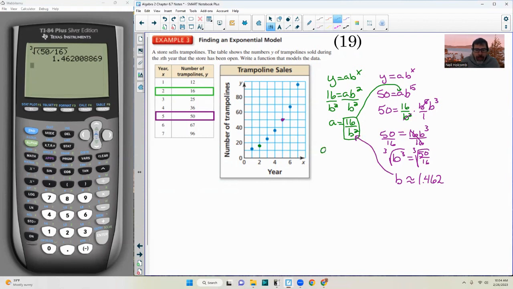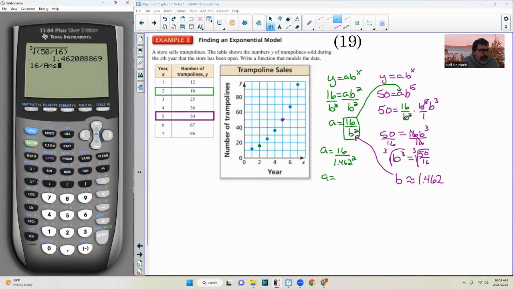So now a equals 16 divided by 1.462 squared. A is going to equal 16 divided by my answer, which is down here. If I use second answer, it's going to keep the full decimal, so it's going to be more accurate than just rounding like I did drawing it over here.